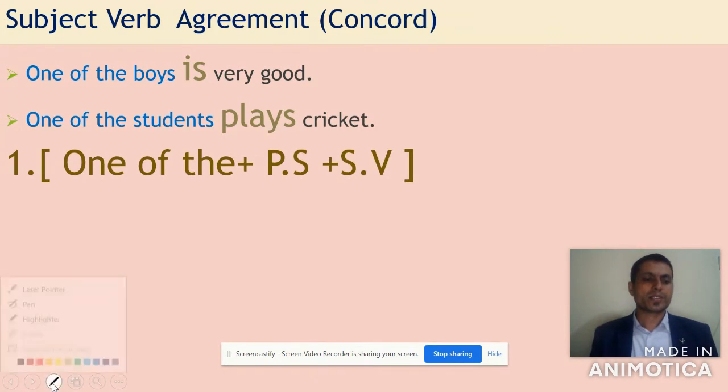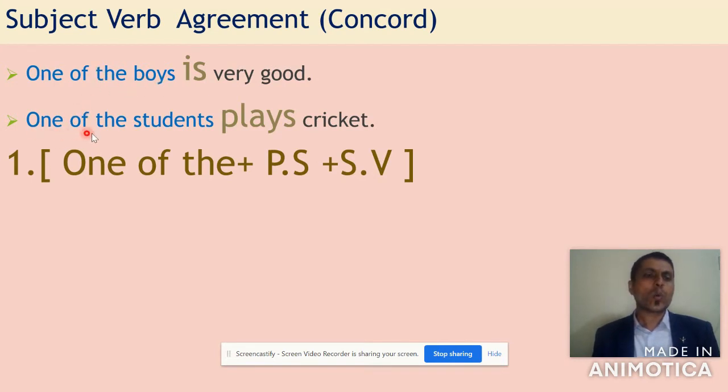My dear student, let me make it clear once again from the above example sentences. Here you have to understand "one of the boys" looks like plural, right? And here also "one of the students" looks like plural. Don't get confused with this. Here "one of the boys" refers to any one boy, one boy out of many other boys. So consider that "one" is the subject, not "boys."